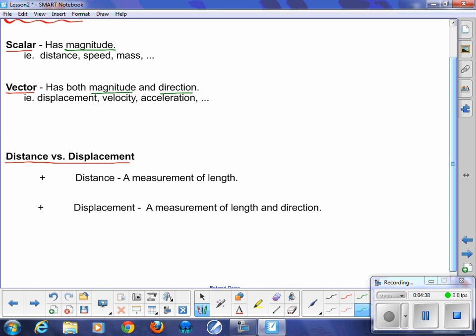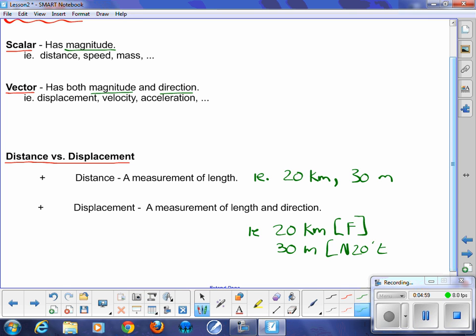A couple of simple examples here: 20 kilometers, 30 meters.